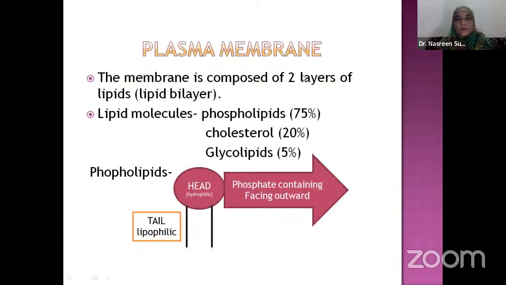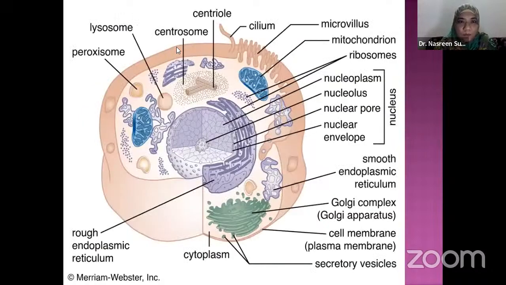This one will be called the plasma membrane. Then the inside material will be called cytoplasm. This one, the inside one, is cytoplasm, and the middle one will be your nucleus.